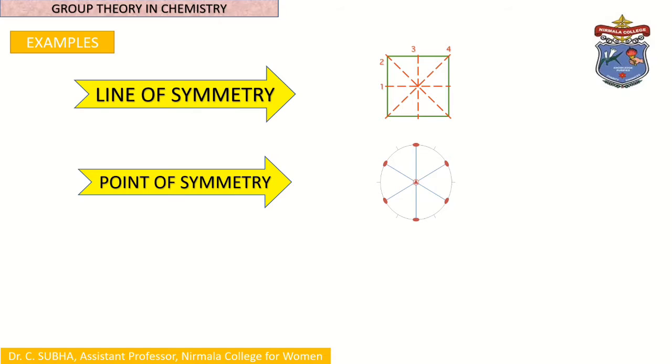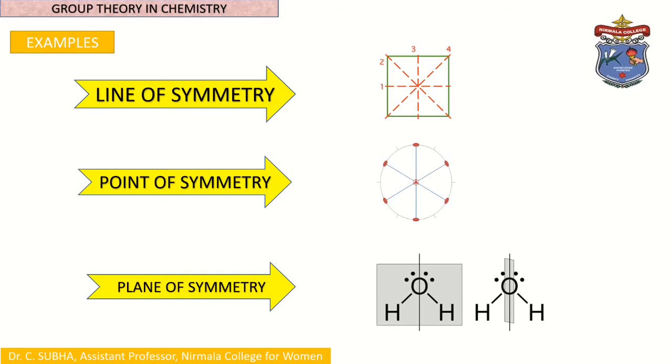A point is nothing but a dot through which an operation can be carried out to get the equivalent configuration. Then the plane of symmetry: a horizontal plane or a vertical plane can be used to get an equivalent configuration of the given molecule.